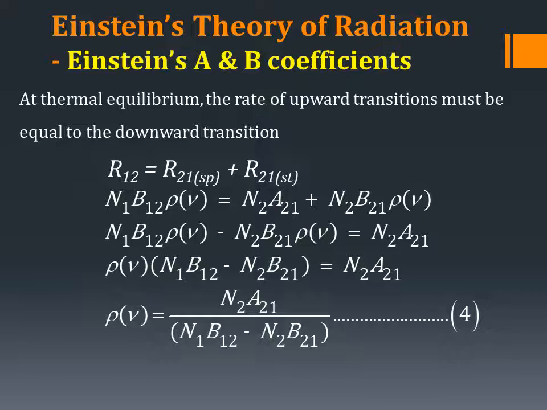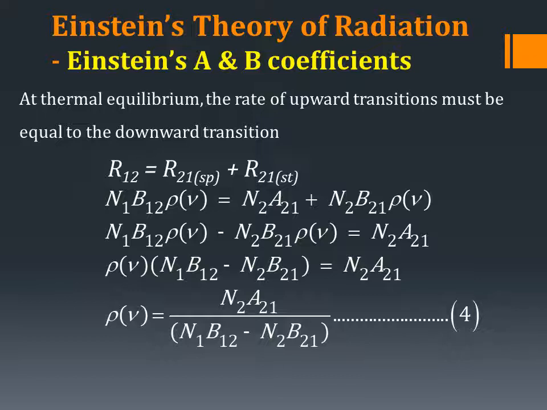Einstein's theory of absorption and emission of light by an atom is based on Planck's theory of radiation. Also, under thermal equilibrium, the population of the energy levels obeys Boltzmann's distribution law. There is another condition which occurs at thermal equilibrium, where the rate of upward transitions must be equal to the rate of downward transitions.